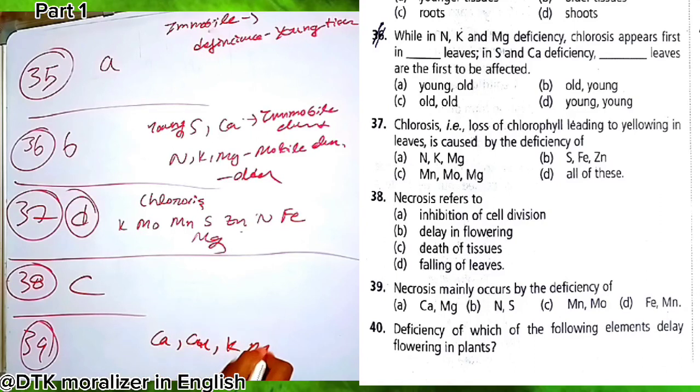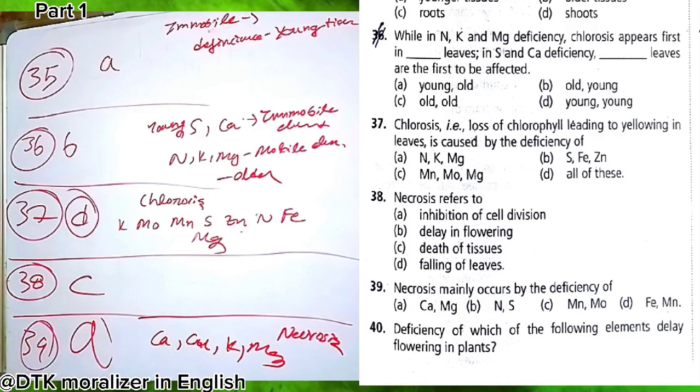For necrosis: calcium, copper, potassium, magnesium. These deficiencies induce necrosis. So option A, calcium and magnesium.